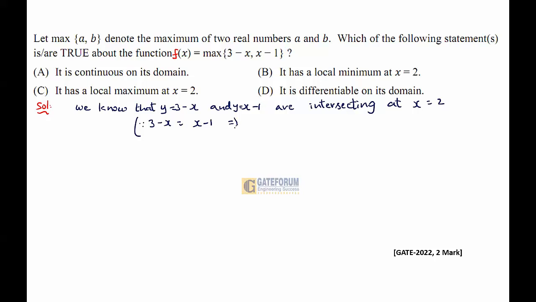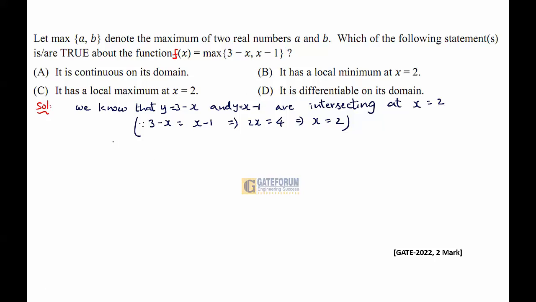So this simplifies to 2x is equal to 4, which simplifies to x is equal to 2. Okay, that is here x equal to 2. So for this point as base point, there are values less than 2, equal to 2, and greater than 2. Because the maximum of two functions looks like the maximum of x comma minus x, so an absolute value function.